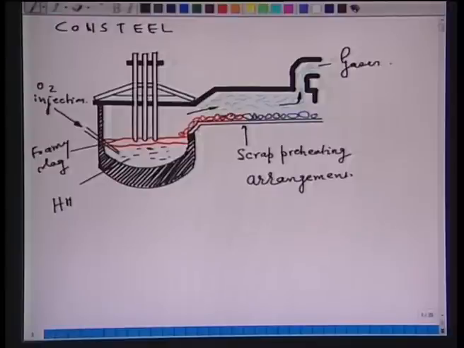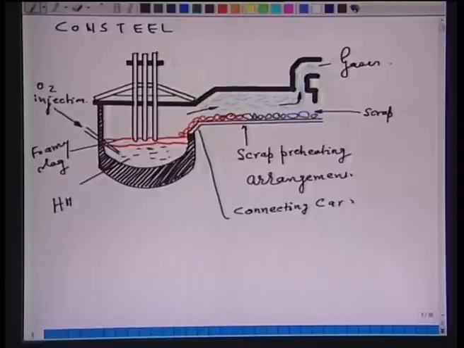Now, somewhere here this is a connecting car. Scrap is going in this direction. It gets heated up from 25 degrees Celsius and then it is charged into the melt. It's a continuous process.